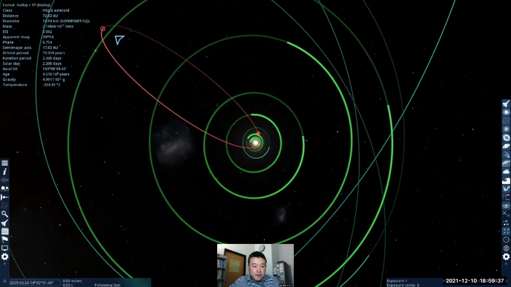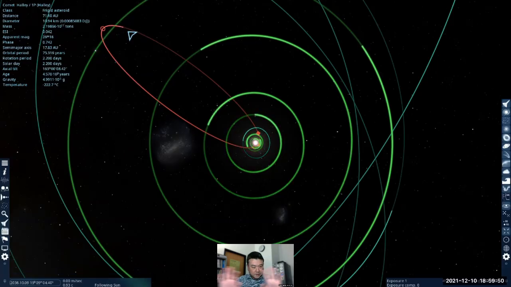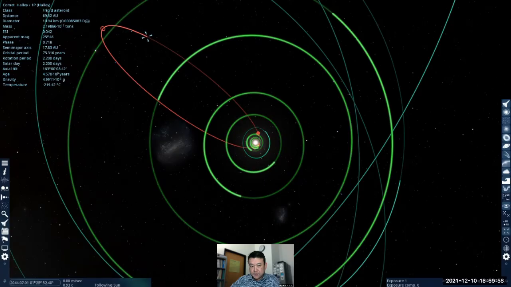Okay, maybe that's enough. I can see a little dot that's moving there, and it's moving slowly. The simulation is fast enough that every second right now is about a year. I'm just going to leave the simulation speed alone so that you can make a proper comparison, and see how quickly or slowly Halley's comet is moving.